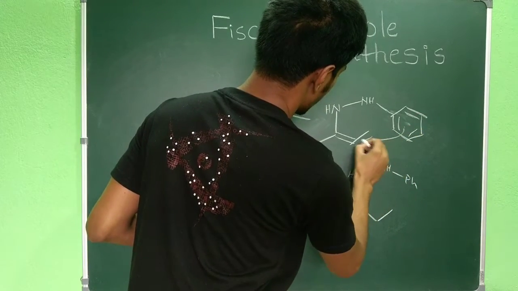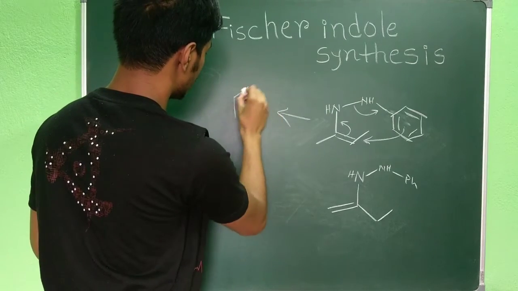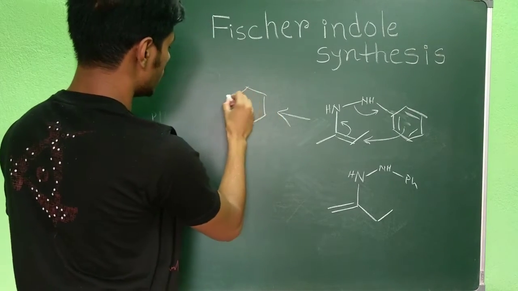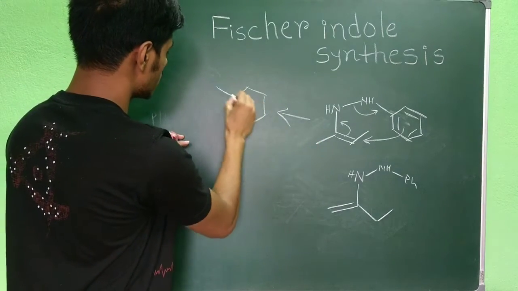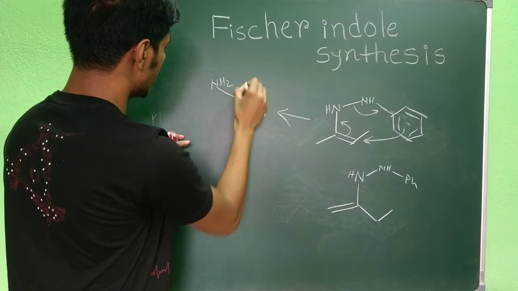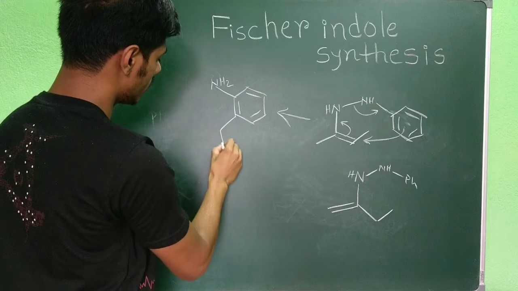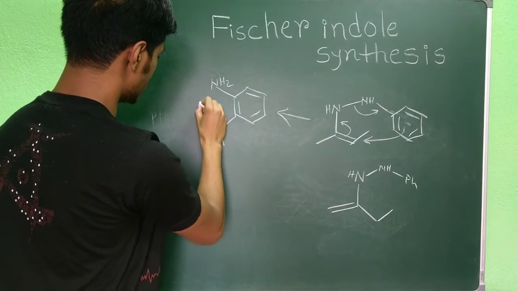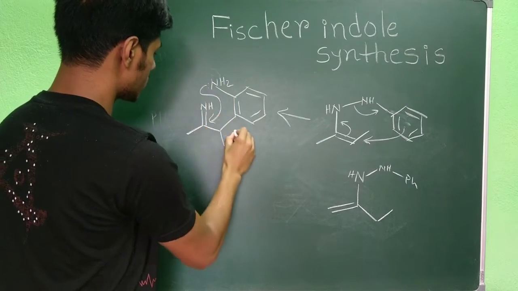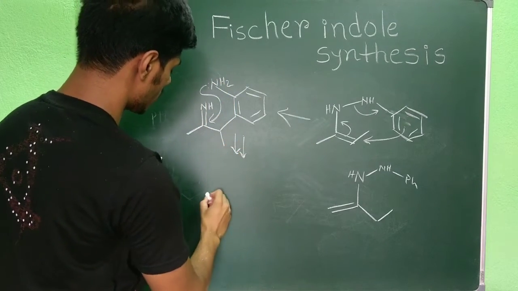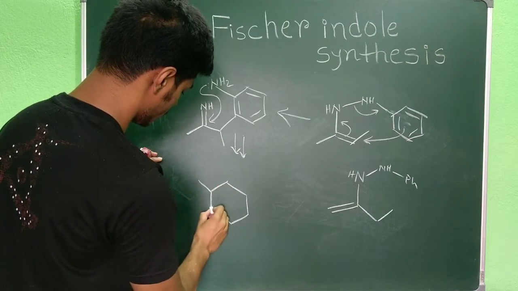So from here the 3,3 sigmatropic rearrangement will take place, and I'm just skipping the initial steps. You will finally have the NH2 group over here, this will aromatize back, and here you will have this NH, and then the attack will take place over here, and after a few steps you will get a product like this.